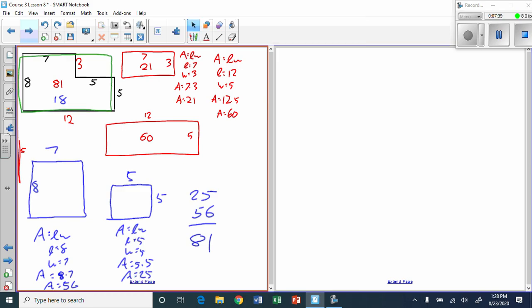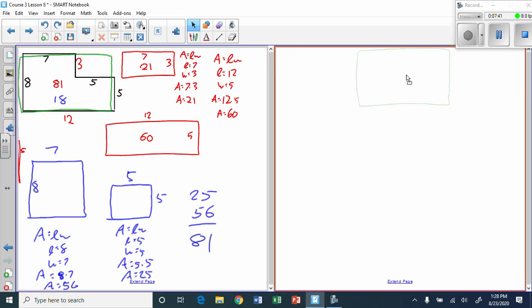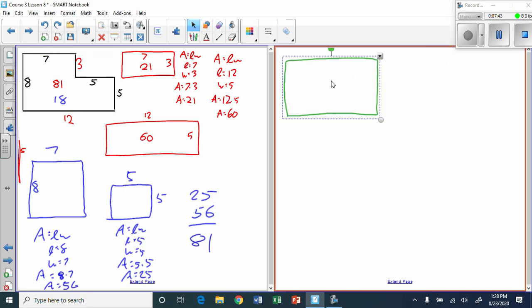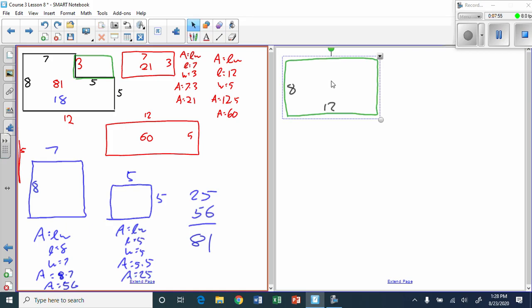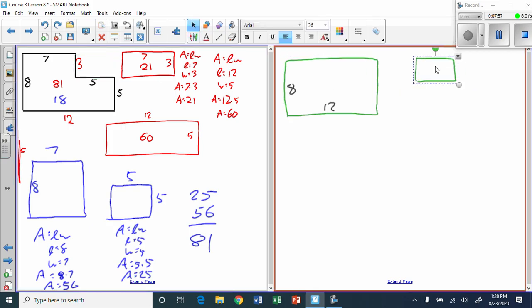If I took that entire shape over here, that entire shape was 12 by 8. And I look at this little void piece here. This little piece here was a small 3 by 5.